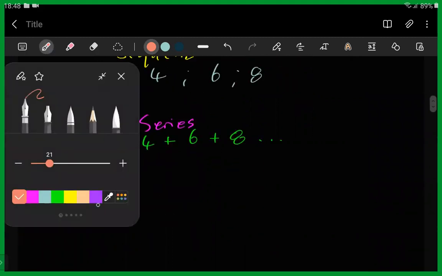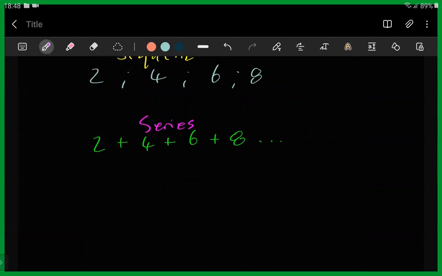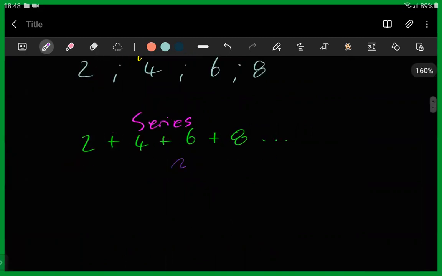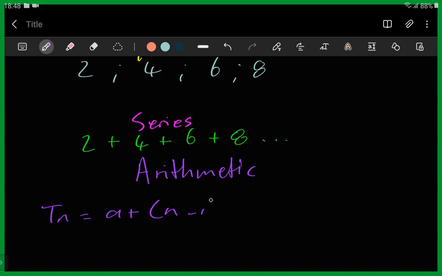So before we even worry about sigma, you have to remember that this here, you can consider an arithmetic series, because there is a common difference. So this being an arithmetic series, it has the same general term. Nothing is different there.